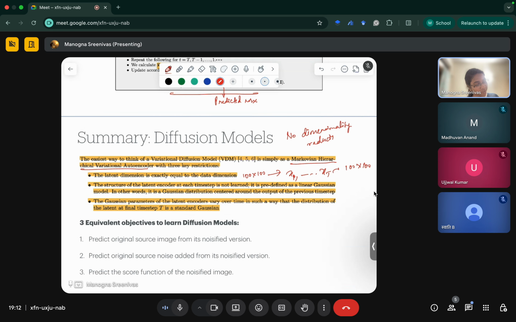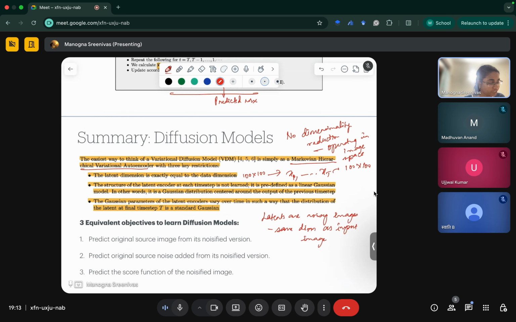You're completely operating in the image space. The latents are also images, they're just noisy images. So it is an encoder and a decoder, but there's no dimensionality reduction.